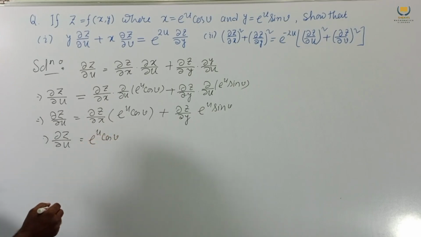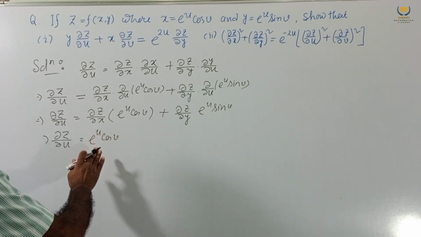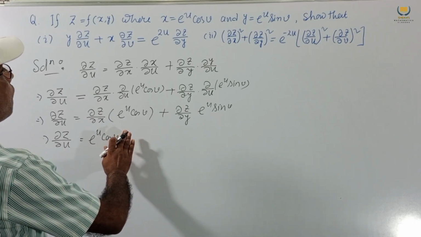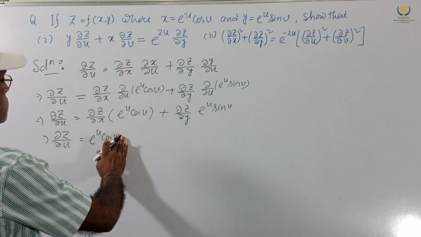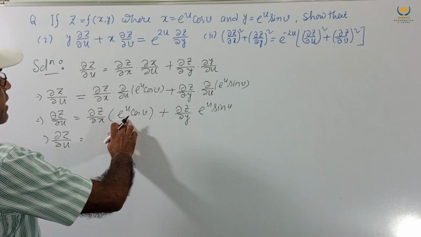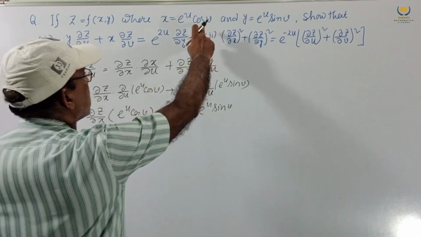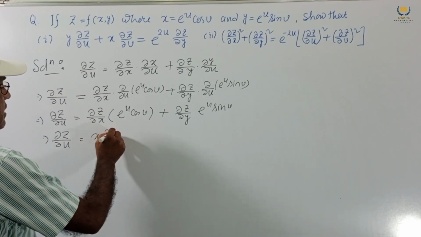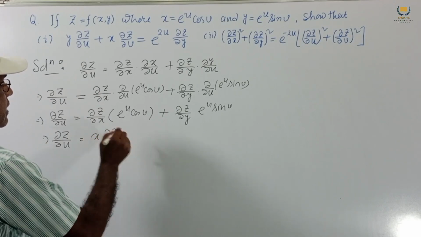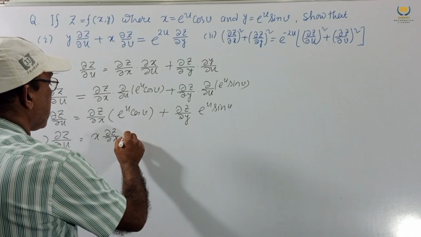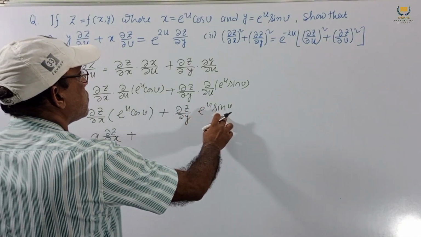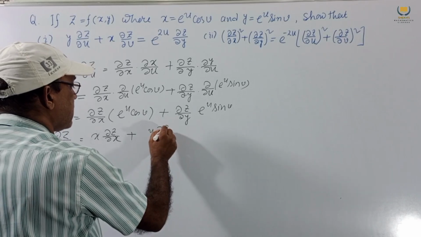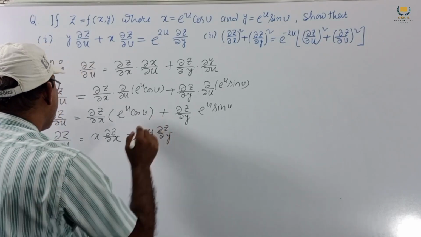Here e to the power u cos v we can write as x, and e to the power u sin v is y. So del z del u equals x del z del x plus y del z del y.